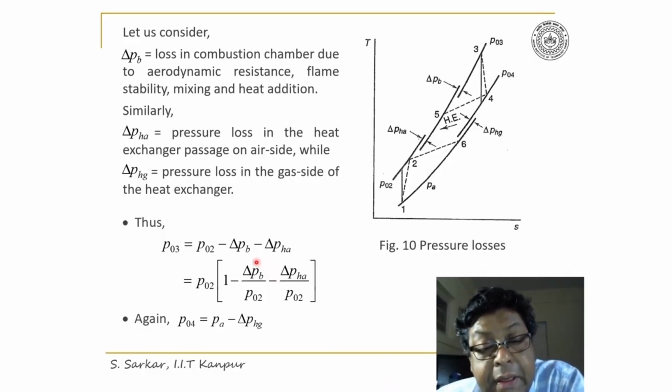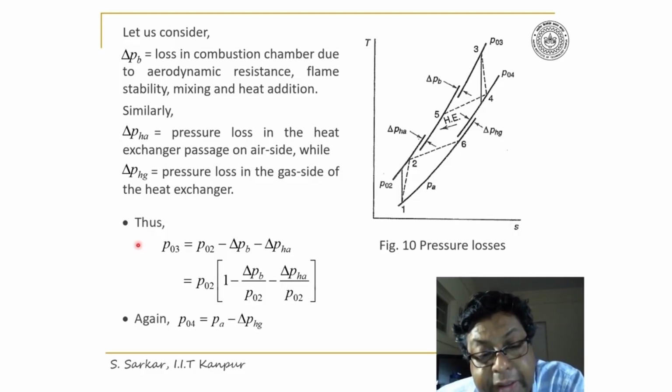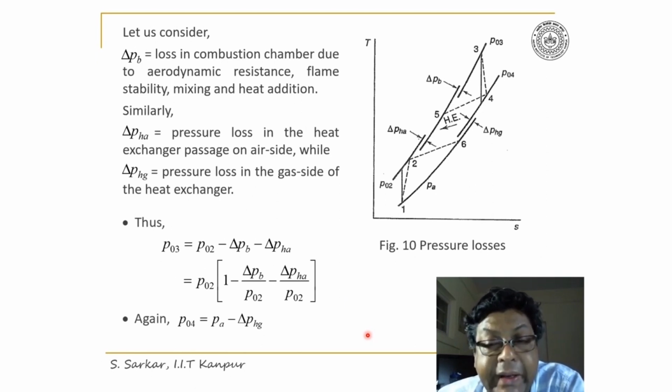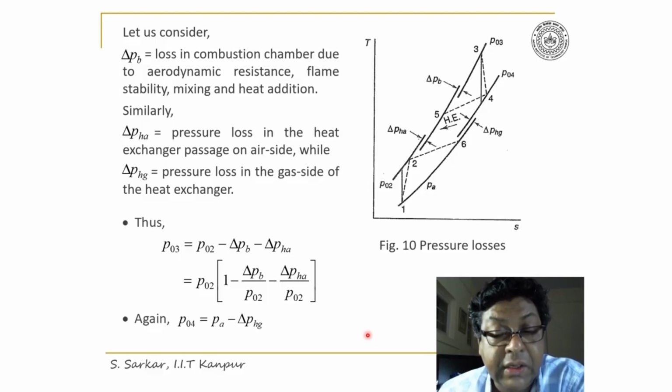Often the combustion pressure loss and the pressure loss in the heat exchanger air side are expressed as a percentage of P02. So in reality here, one can appreciate that the pressure at the entry of the turbine would be less than the exit of the compressor.